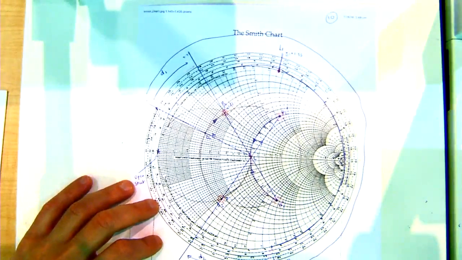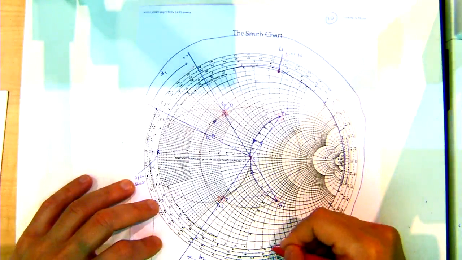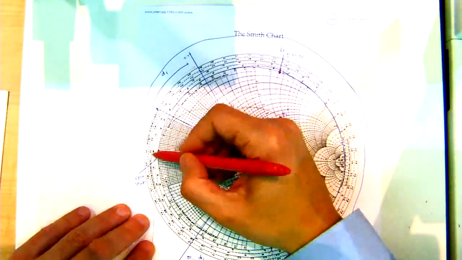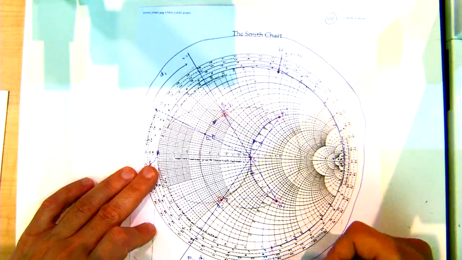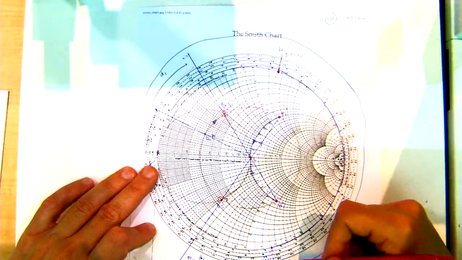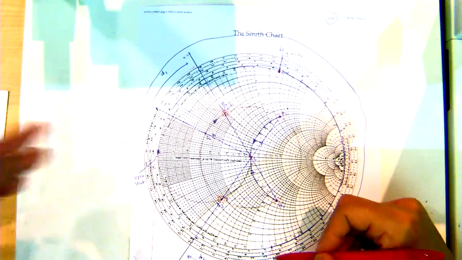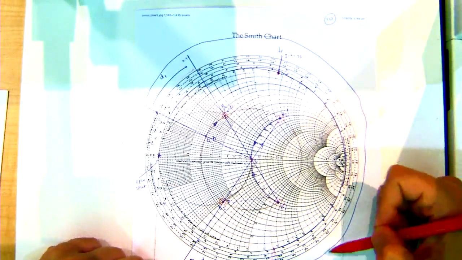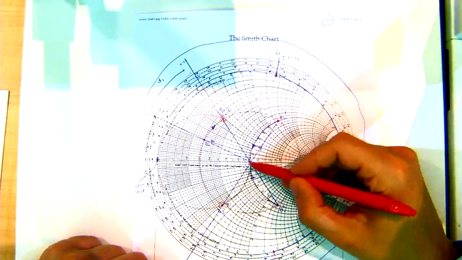That's the length of the stub that you need to add, because you want minus 1.33. So it's from here all the way around to that location, and we read the length, and that's 0.353 lambda, right? And if you add minus 1.33 J to this, you get back to the origin.